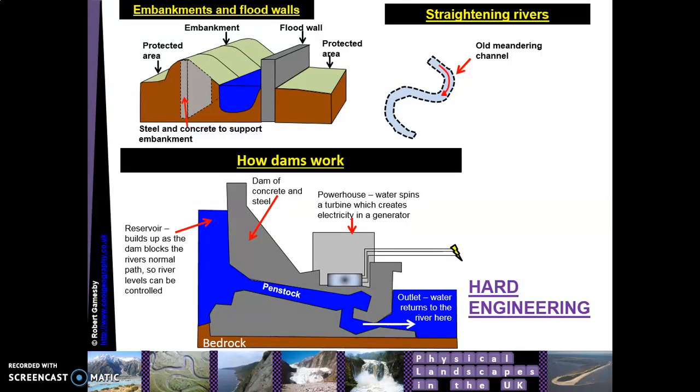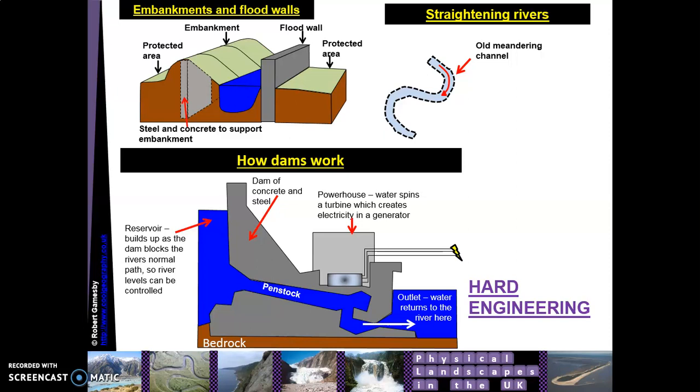So if we look at these first few images here, we've got embankments and flood walls. What they are is basically where we build an artificial embankment or wall next to the river. And the idea of this is to increase the size of the river channel, which means that there's more space for the water to go during a flooding event.